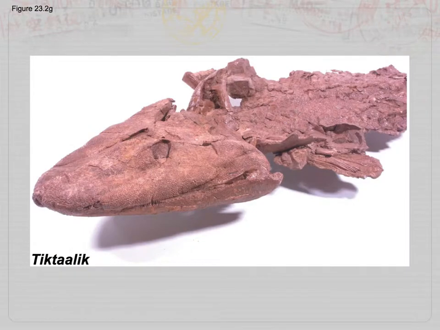This is a picture of Tiktaalik, which if you read Your Inner Fish, then you'll remember the significance of this organism. It's an extinct aquatic organism that is the closest known, as of right now, relative of us, the four-legged vertebrates. Well, not directly us, but the things that gave rise to us.